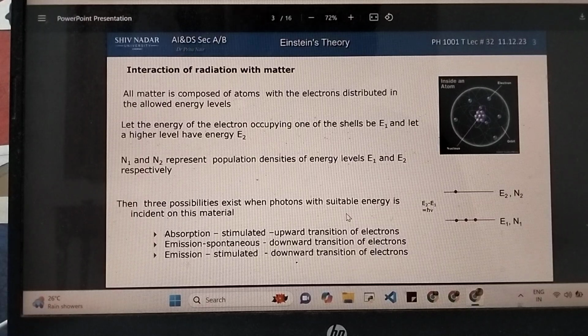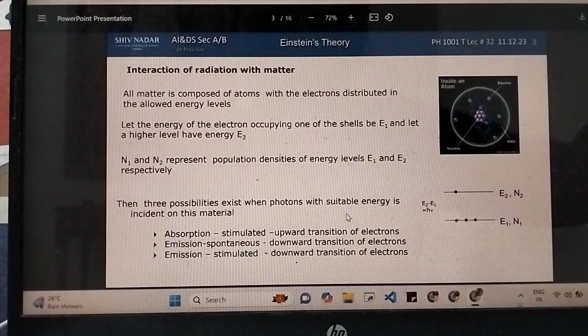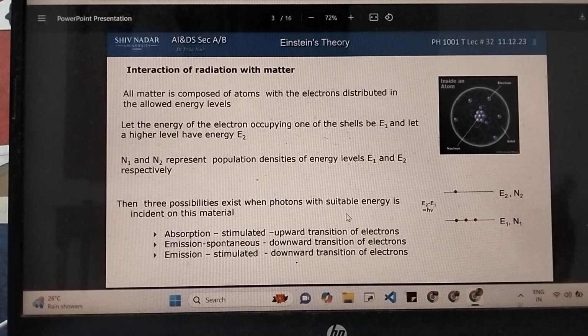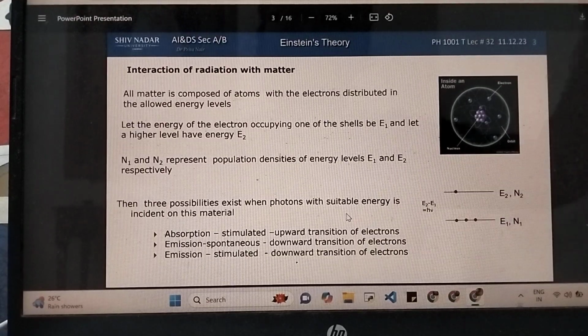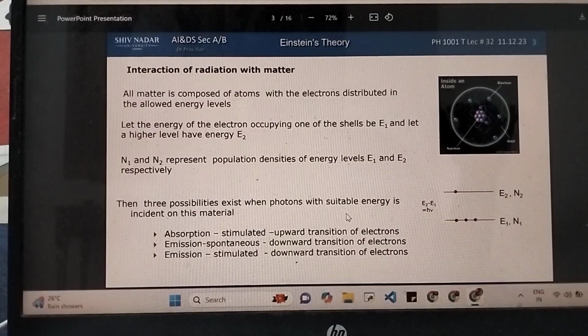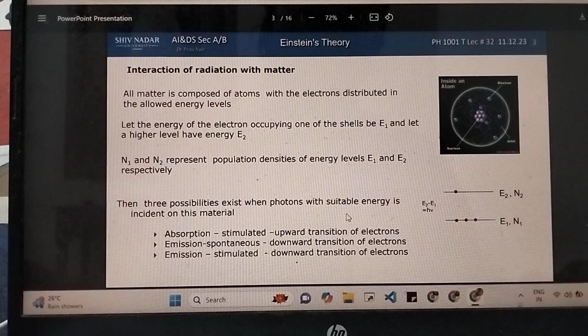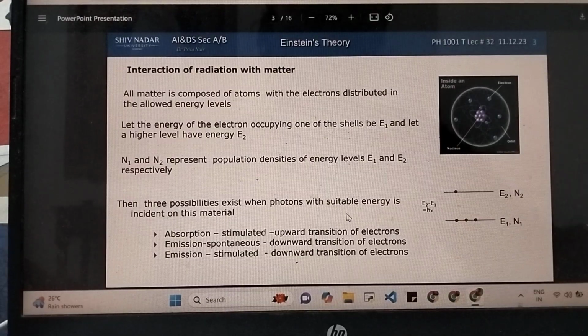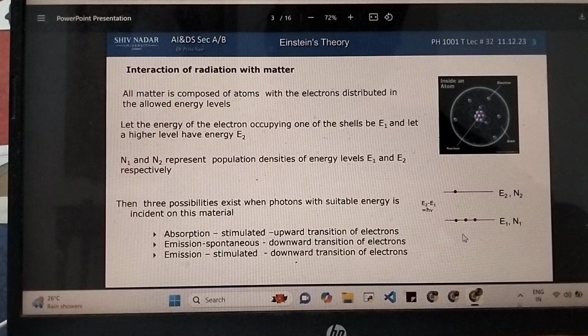What is spontaneous emission? The electrons which thus moved to the higher levels, they come back to the lower levels because they find the higher level too unstable for them. They come back to the lower level to remain in a stable region, and in doing so they release a photon. So why does this happen?